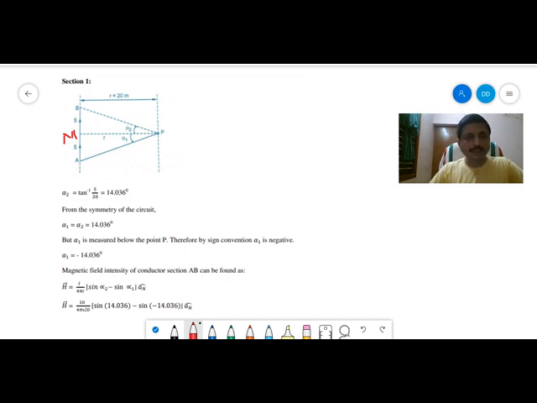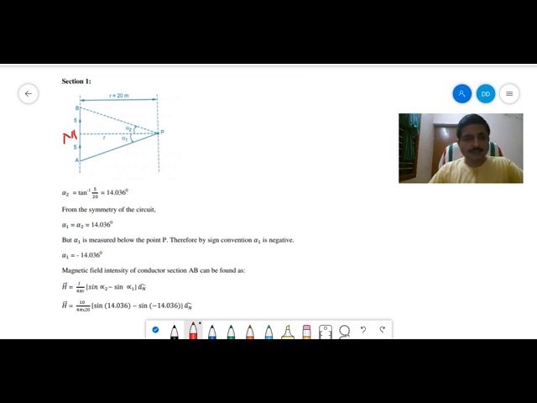Considering tan alpha 2, it is the opposite side by the adjacent side, so this will be 5 divided by r. From the figure, r is 20 meter. So I get alpha 2 as 14 degrees. By symmetry, alpha 1 and alpha 2 have the same magnitude, and since by sign convention alpha 1 is negative, alpha 1 becomes minus 14.